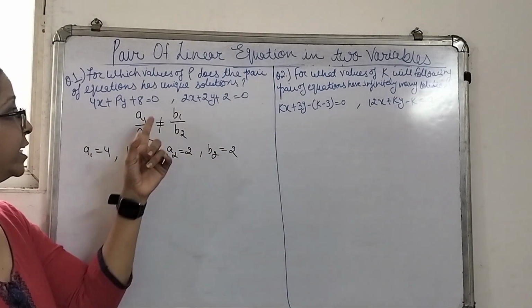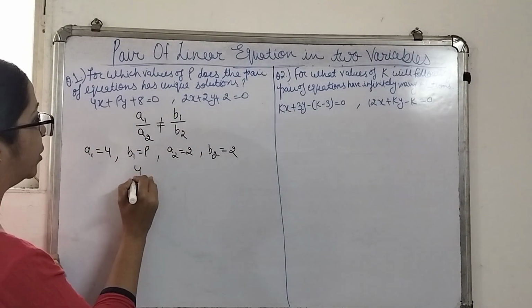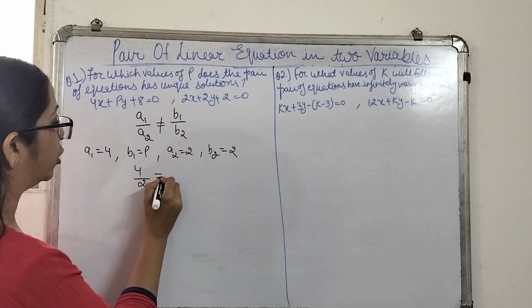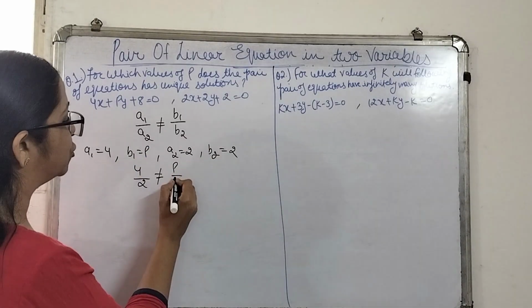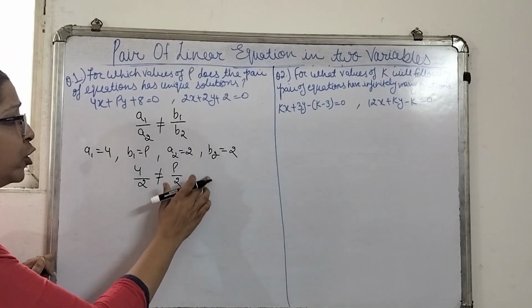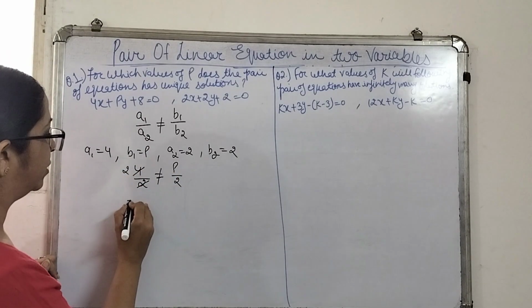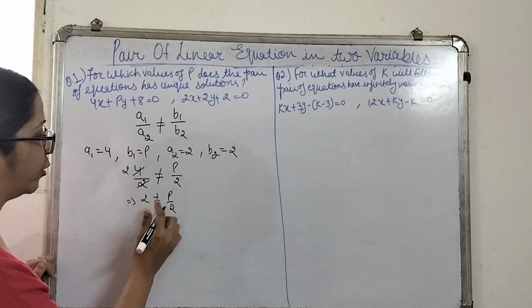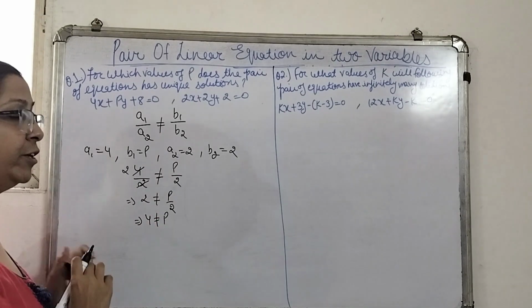Now if we keep these values, a1 over a2, that is 4 upon 2, should not be equivalent to b1 over b2, that is p upon 2. If we cross multiply, it means the value of p should not be 4.